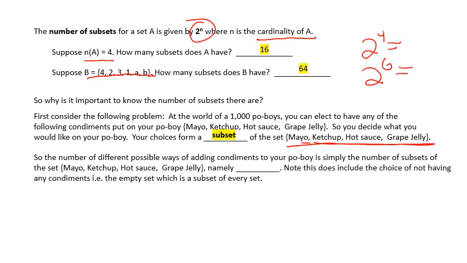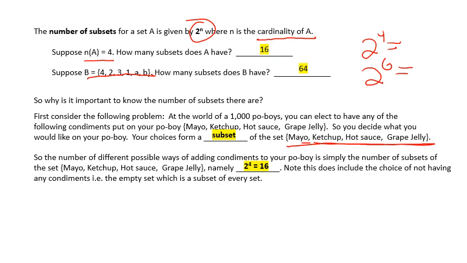So, the number of different possible ways of adding condiments to the po' boy is simply the number of subsets of this particular set consisting of mayo, ketchup, hot sauce, grape jelly. Namely, fill in the blank. Well, we have 4 choices here, so that's 2 to the 4th power, which is 16.